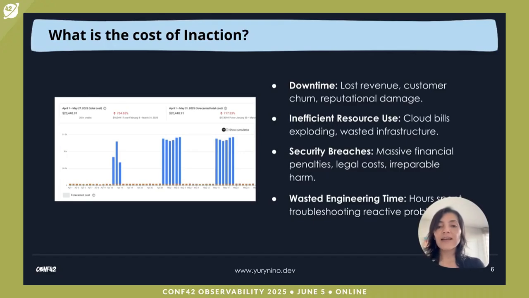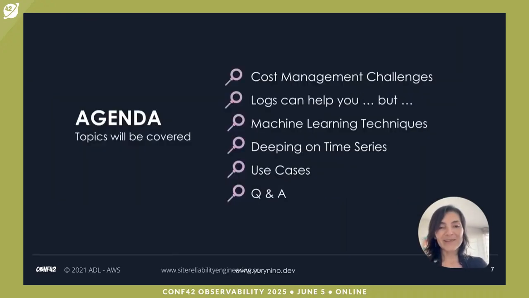The first one is related to lost revenue, customer churn, and reputational damage. Inefficient resource use is associated with cloud bills exploding due to infrastructure. Security breaches bring massive financial penalties, legal costs, and irreparable harm. And finally, wasted engineering time refers to hours spent troubleshooting reactive problems, similar to the sad story.